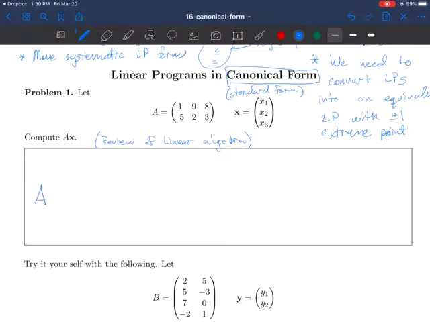Recall that AX, so A is this matrix here, X is the vector here, AX, which is, of course, [1, 5; 9, 2; 8, 3] times x1, x2, x3. You can think of it in a couple ways.